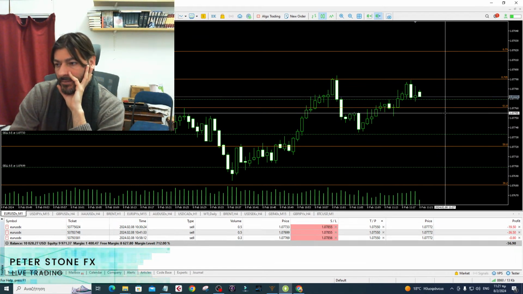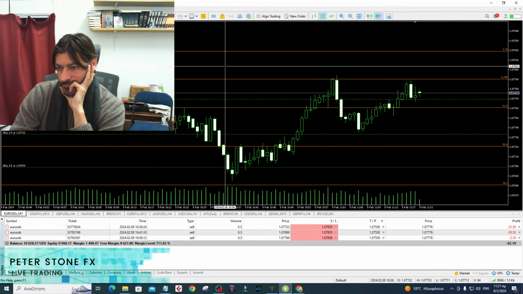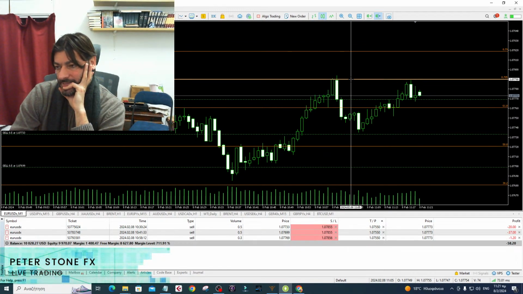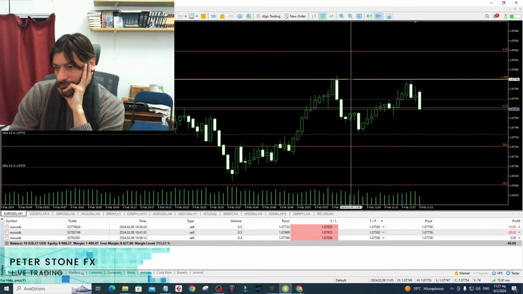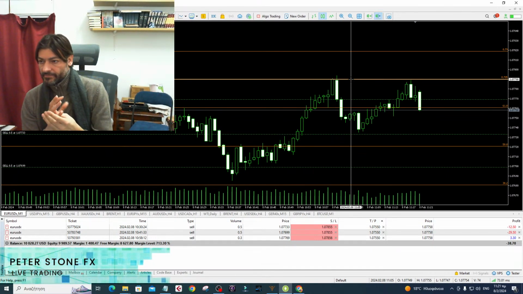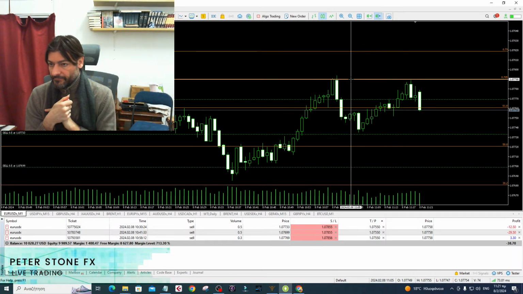Here is undecidable. Let's see, nothing has been, okay, I like that a lot actually. Good. Okay, we might escape the danger. 61.8 area, still an optimal trade entry.